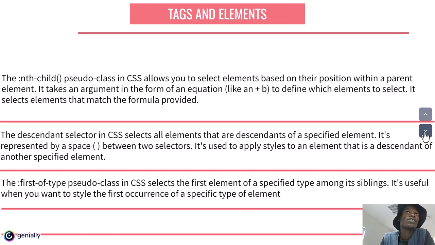Let me just go through that again. The nth child pseudo class in CSS allows you to select elements based on their position within a parent element. It takes an argument in the form of an equation like an plus b to define which elements to select. It selects elements that match the formula provided.